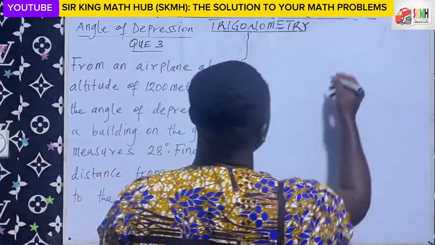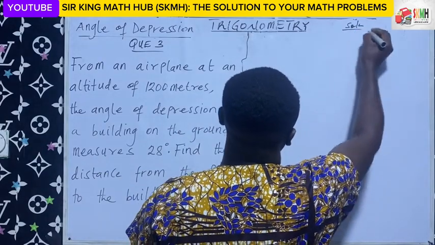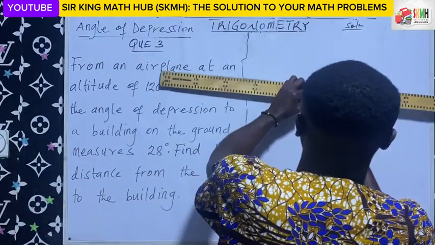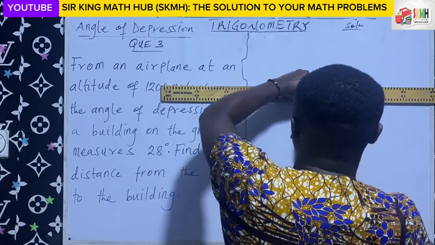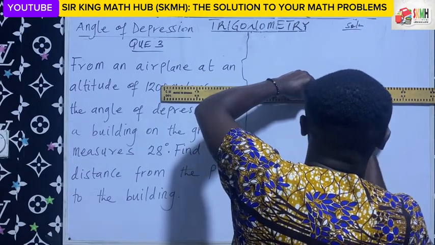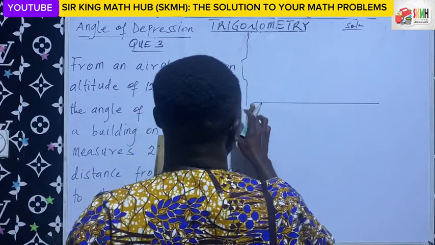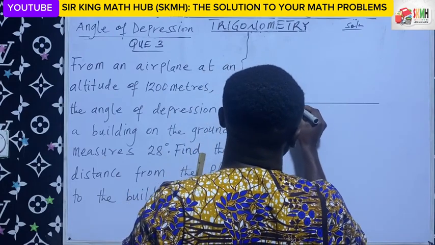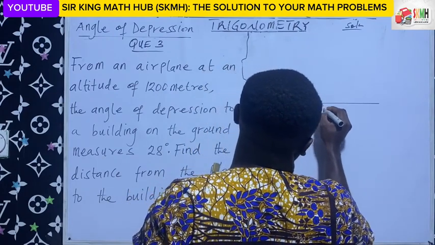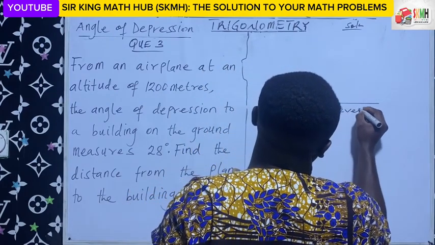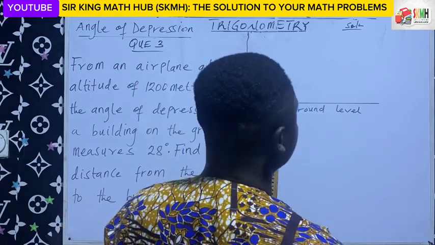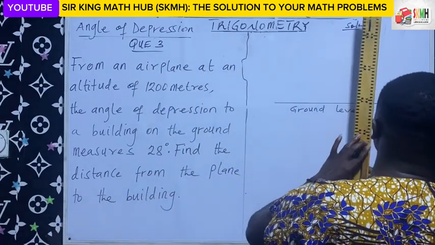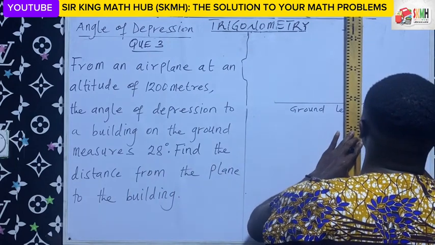So quickly, let's represent this on a diagram. So first of all, we have our ground level. So this is our ground level. And then we are told that there is a building on the ground.